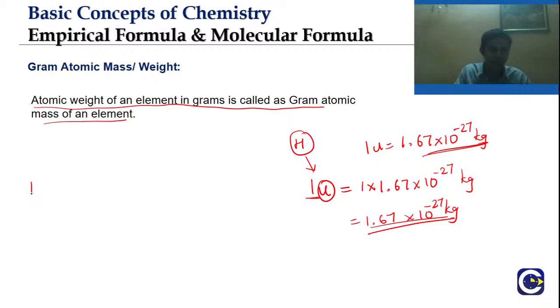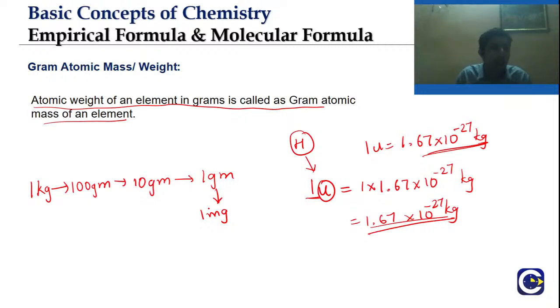Let us try to understand. 1 kg is something you can comprehend: 1 kg of sugar, 1 kg of rice. 100 grams, yes, we purchase certain items in 100 grams also. 10 grams, yes, we purchase certain items in 10 grams also. 1 gram also okay. 1 milligram, this also sometimes we have done. How much is 1 milligram?